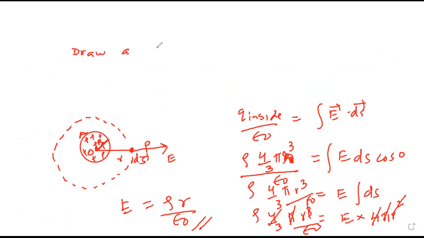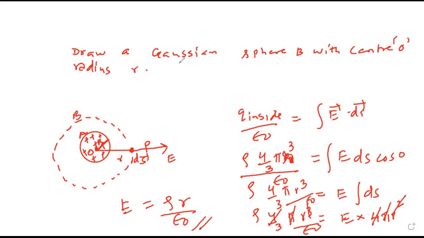Draw a Gaussian sphere B with center O, radius small r.